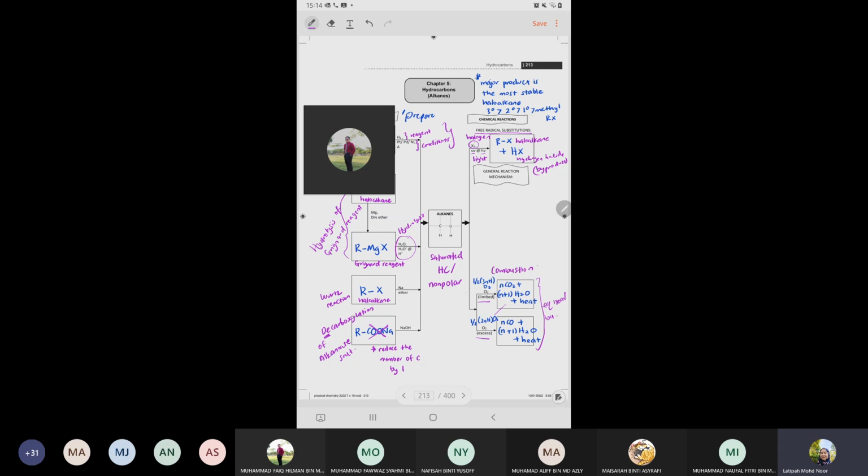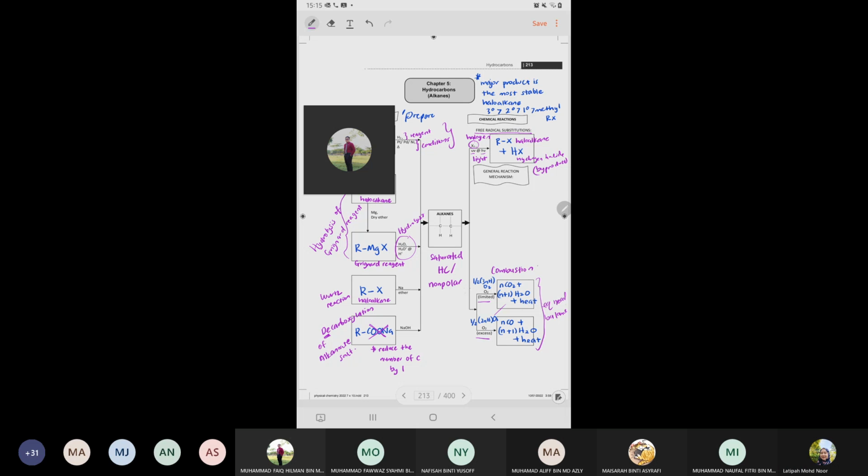Sebab itulah ada n CO2, n plus 1 H2O. Kita kena balance kat equation untuk combustion. Satu-satunya equation dalam organic yang awak kena balance adalah dalam combustion of alkane.